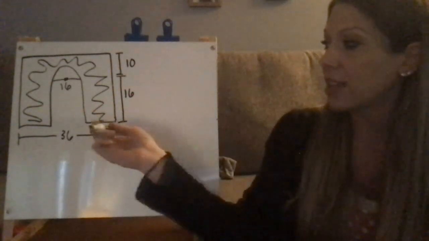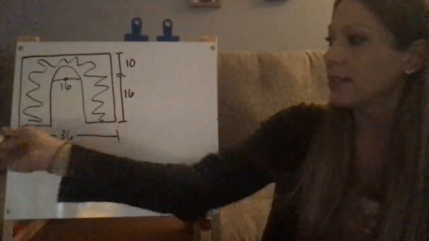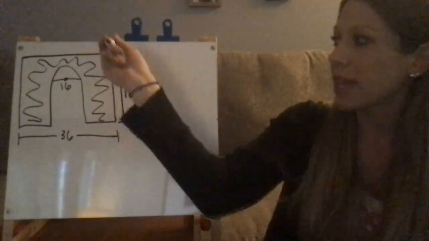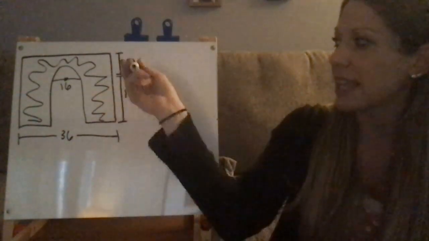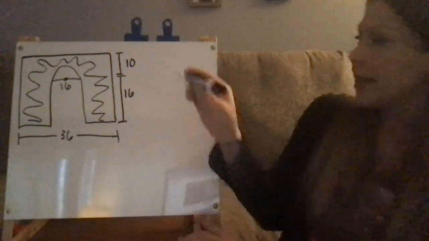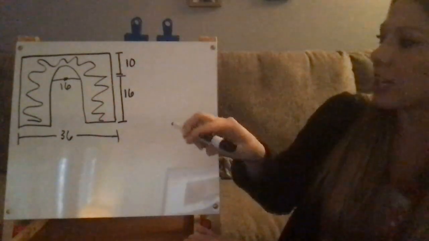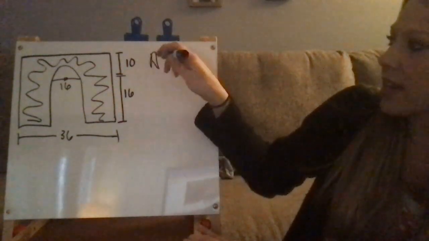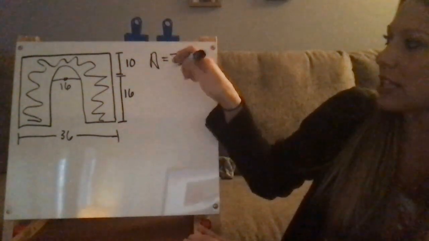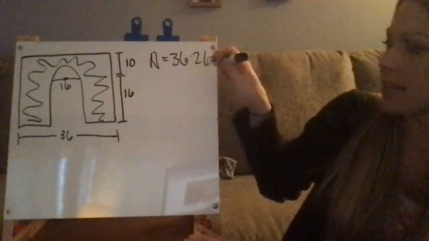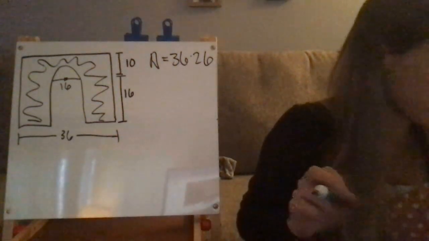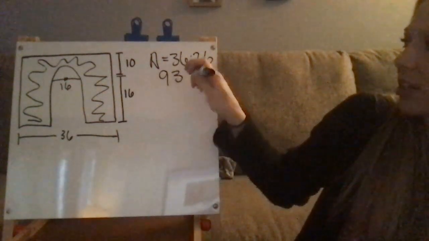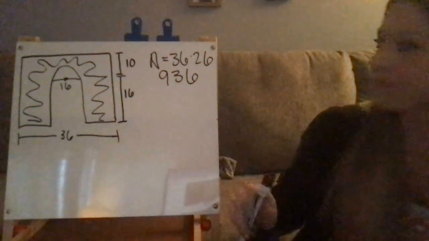So our dimensions are base is 36 times height, which we can calculate by doing 16 plus 10. So our base is 36, our height is 26. So the area of the rectangle is 36 times 26, or 936. So that's our total area.